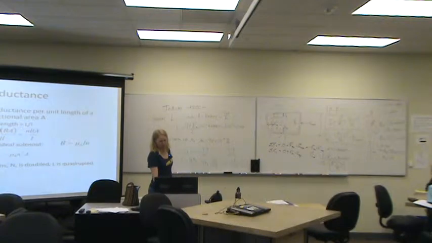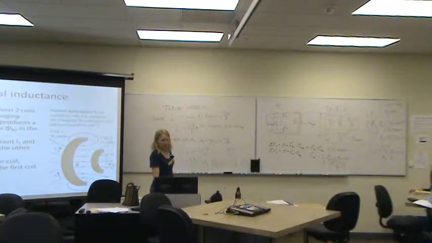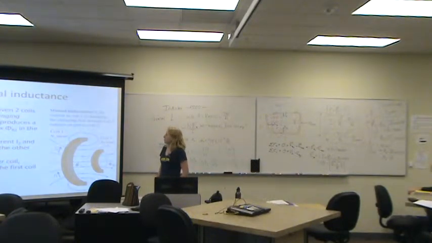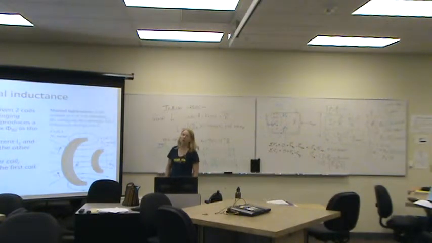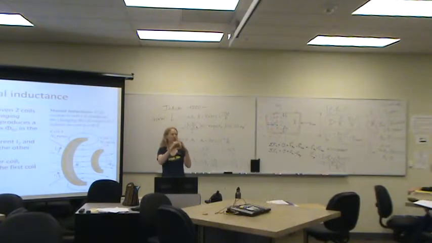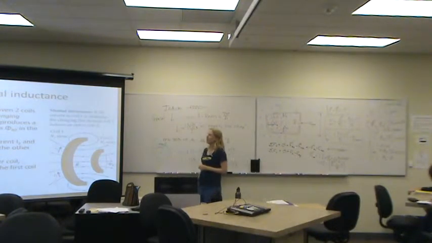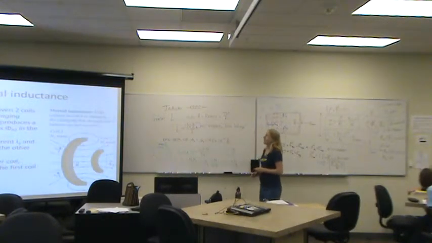Okay, so moving on, now we've got some equations for different kinds of inductors. Now comes a really weird concept. Mutual inductance. Let's say you've got two coils very close to each other, like this. They could even be inside each other, doesn't matter. But they're not part of the same circuit.